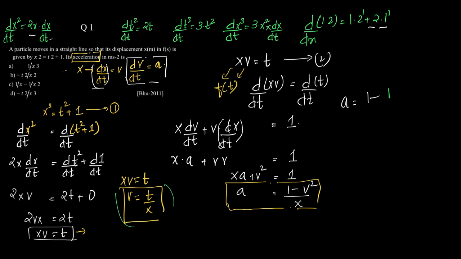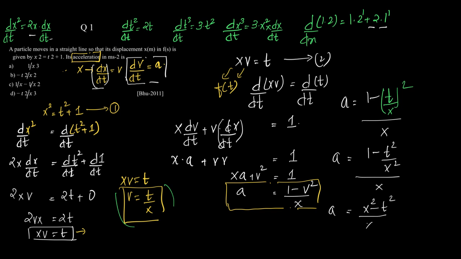T by x. 1 minus t by x, the whole square, the whole upon x. So what is a is equal to? A becomes, let me not skip the steps, 1 minus t square by x square, the whole upon x, which means a is equal to x square minus t square by x, the whole upon x.